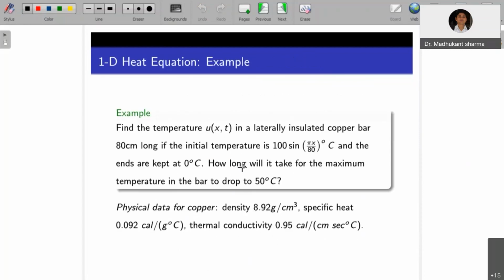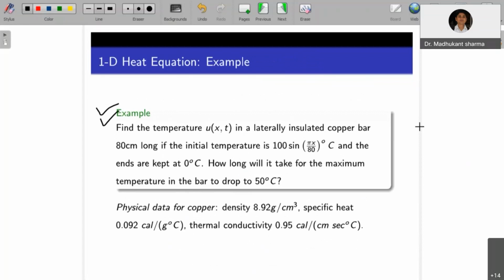Okay, so now one example I have. Let's complete it. Find the temperature u in a laterally insulated copper bar 80 centimeter long.